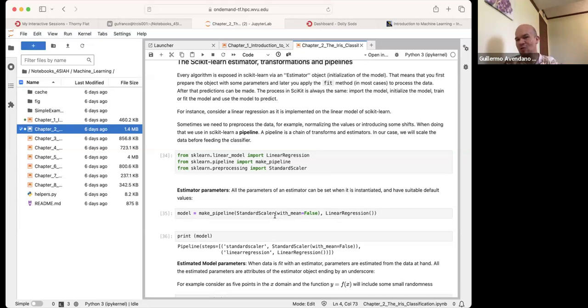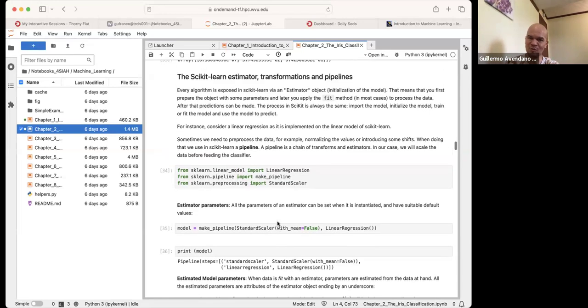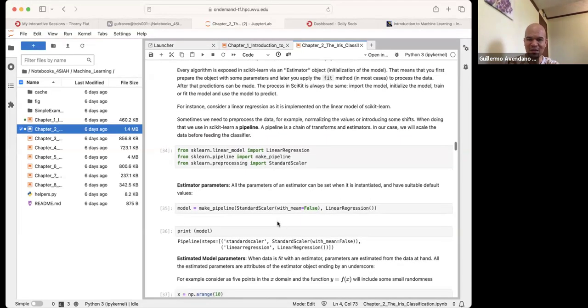So before you present that data to the linear regression classifier, you change the scale of them. You ask, as a precondition, for all those different columns to be more or less of the same order of magnitude. Again, this is here just to present the idea of pipelines in scikit-learn.